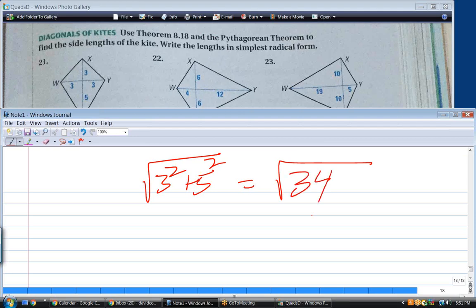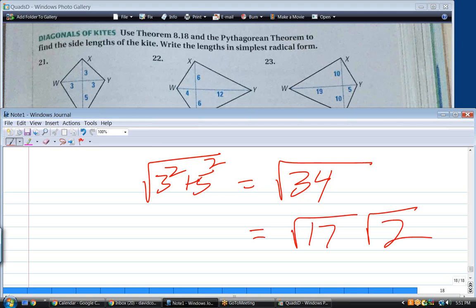34. Now, can I simplify that? I have to find a factor that's a perfect square. That's the only way to simplify. Let's see if we can. Well, 17, but that's not. Okay, so you're on the right track though.